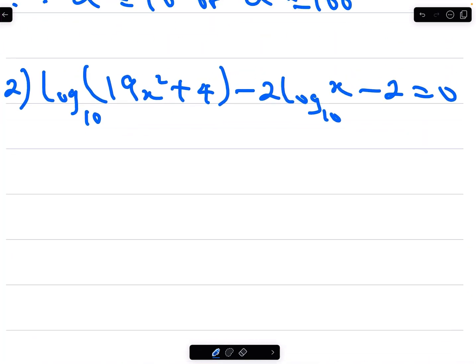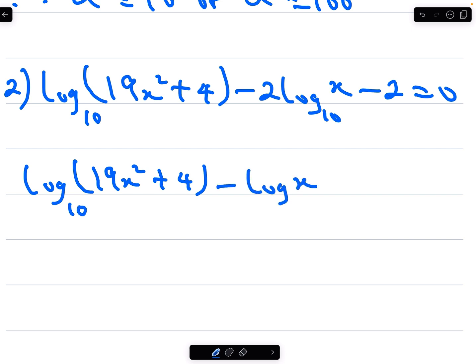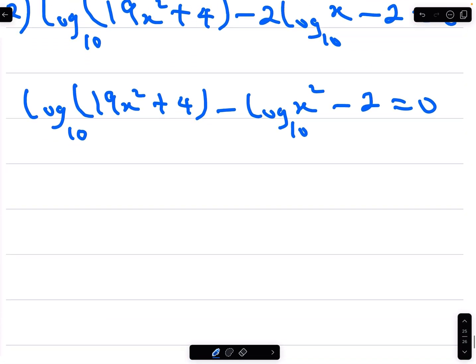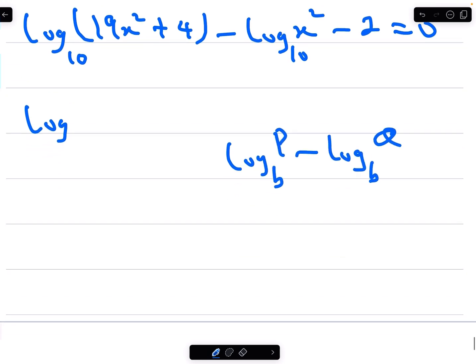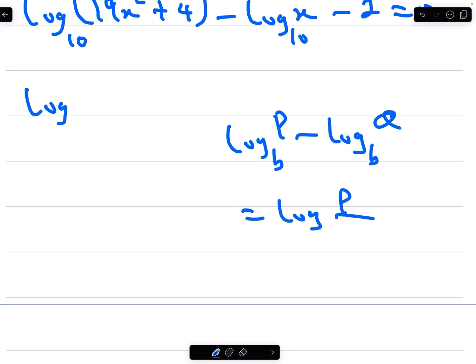First of all, I can write this as log of 19x squared plus 4 base 10 minus log x squared base 10 minus 2 equals 0. Now I'm applying the law that says log p base b minus log q base b is the same as log p over q base b.